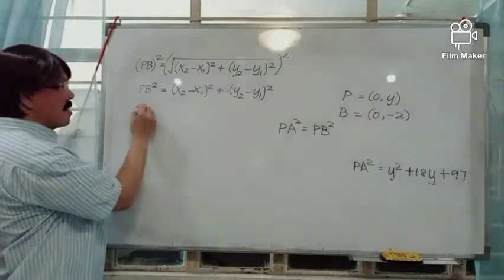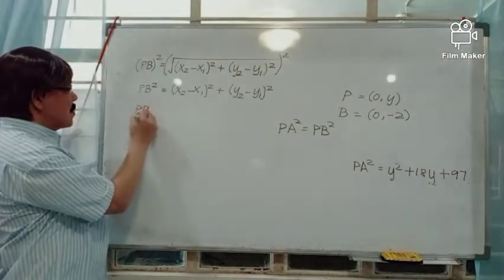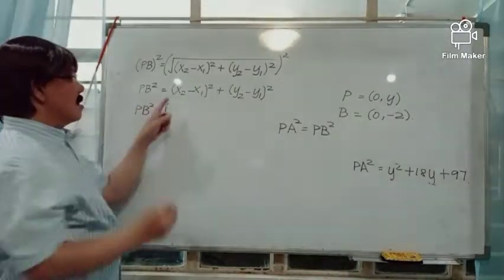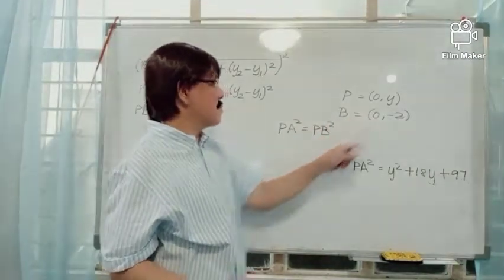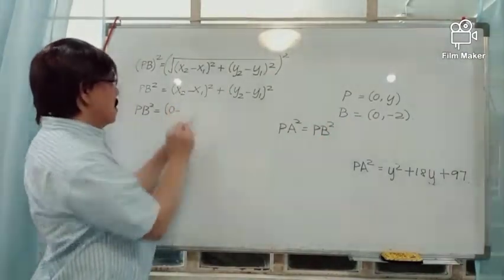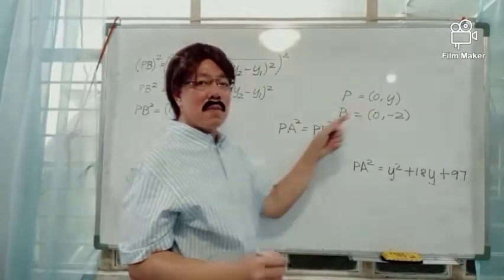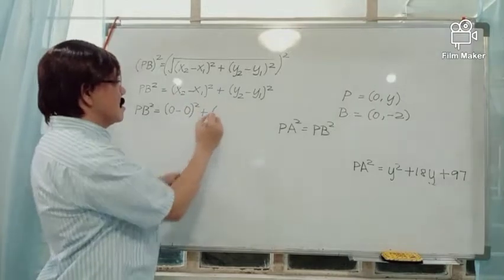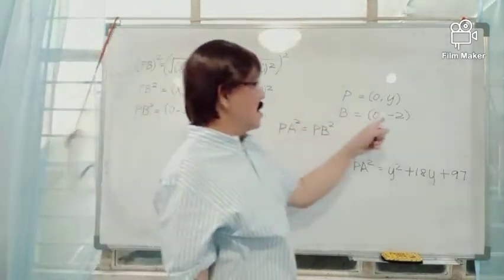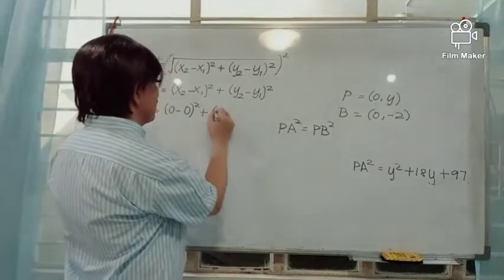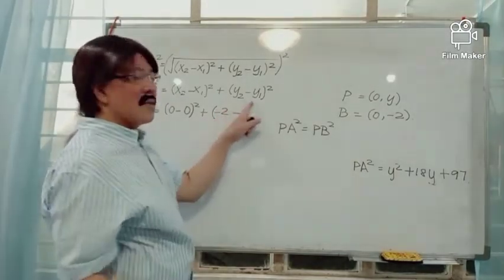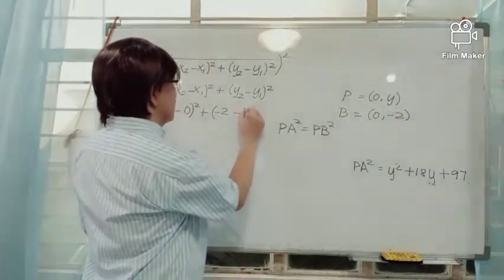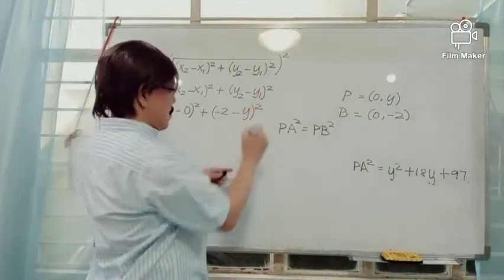Thus, the square of the distance between the points P and B equals x2 is 0 minus x1 is 0 to the power 2 plus y2 is negative 2 minus y1, ordinate of the first point y, to the power 2.